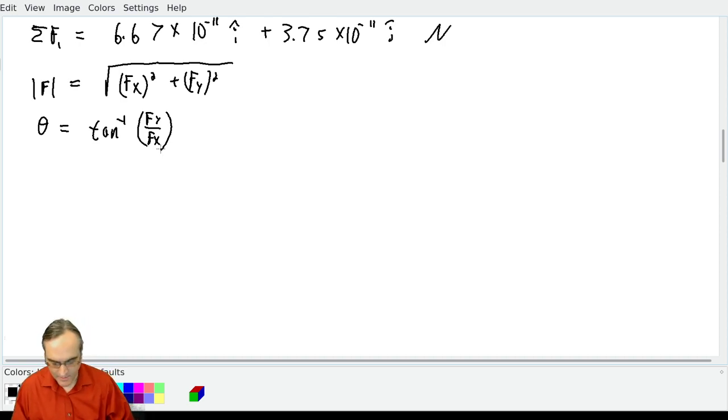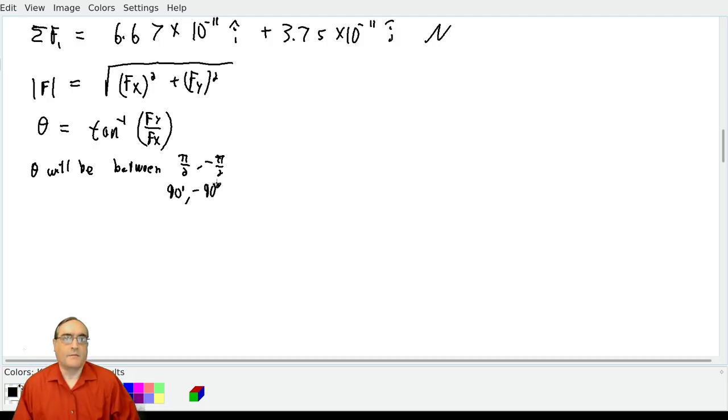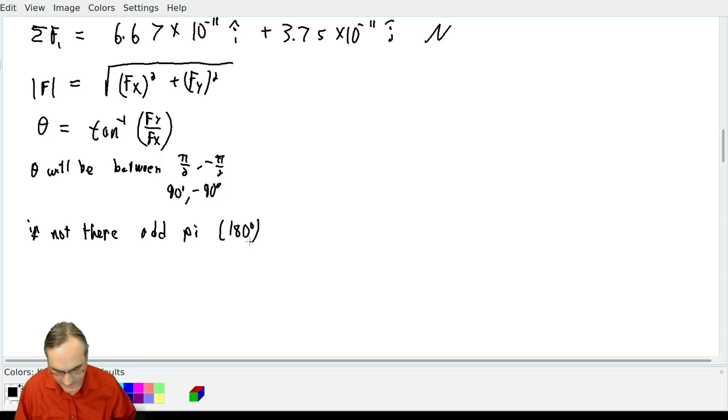There is a warning I want to make here. Theta will be between pi over 2 and minus pi over 2, or if you prefer, 90 degrees and minus 90 degrees. If looking at your drawing you know that the actual vector direction is not in those quadrants, which would be quadrant 1 and quadrant 4, then you have to add pi, or 180 degrees.